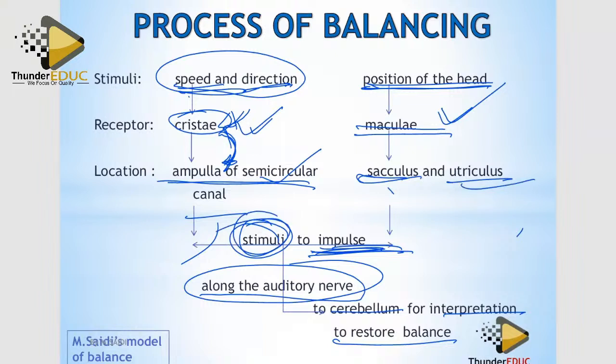The stimuli is converted into a nerve impulse, which is moved along the auditory nerve to the cerebellum for interpretation to restore balance. Go for the Saidi model of balance.